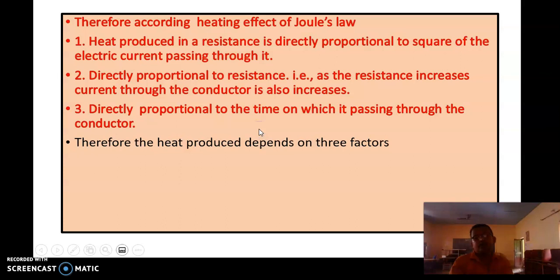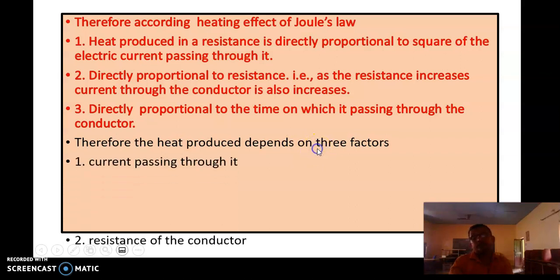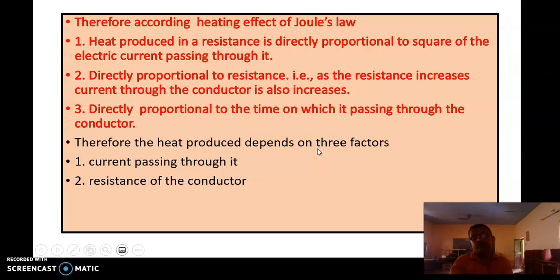Therefore, the heat produced depends upon three factors: the current passing through it, the resistance of the conductor, and the time.